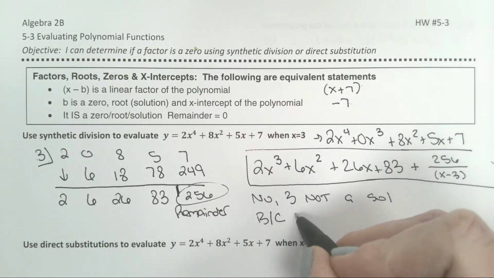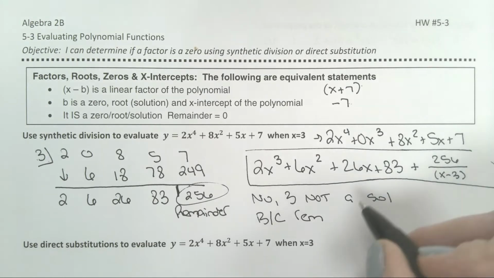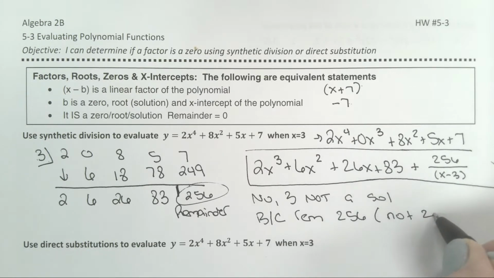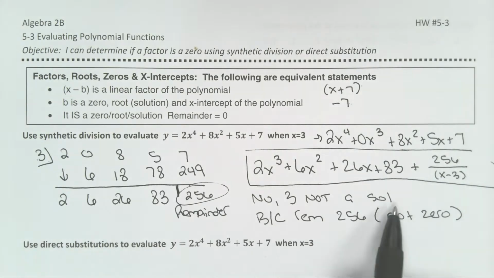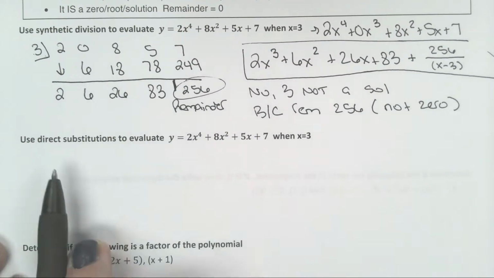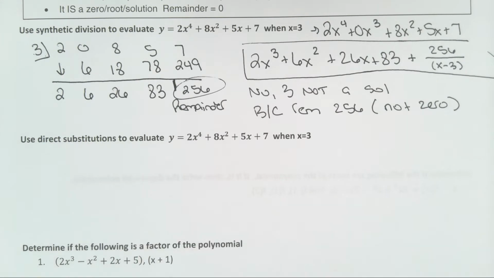because my remainder is 256, aka not 0. So it is only going to be a solution when your remainder is 0. There's another way that you can do it.